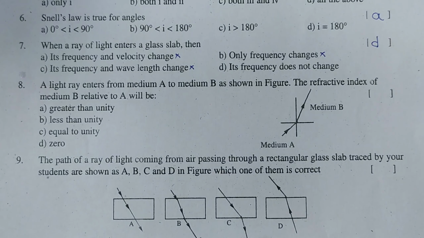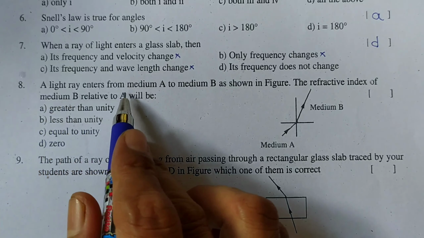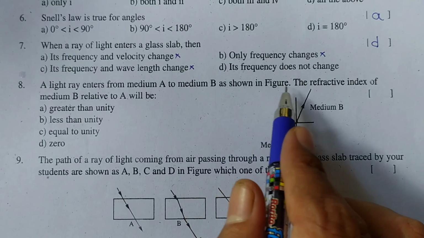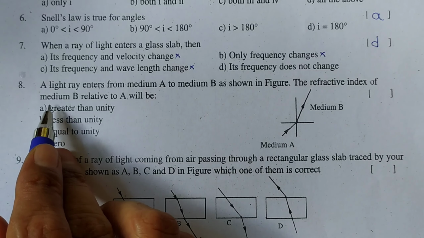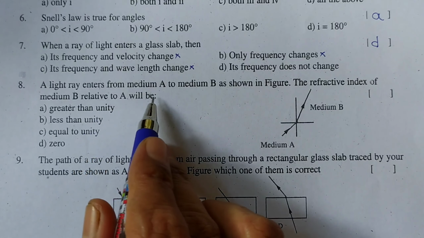Now we see question number 8. A light ray enters from a medium A to medium B as shown in the figure. The refractive index of medium B relative to A will be.